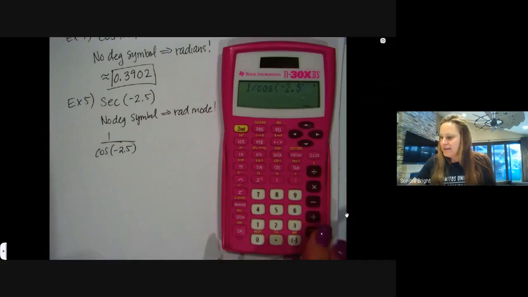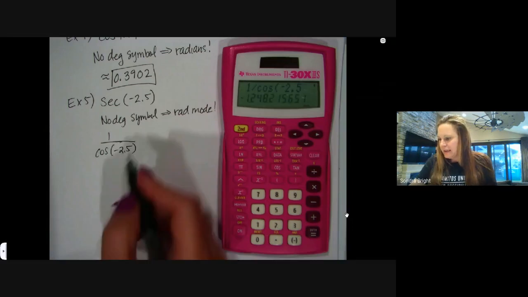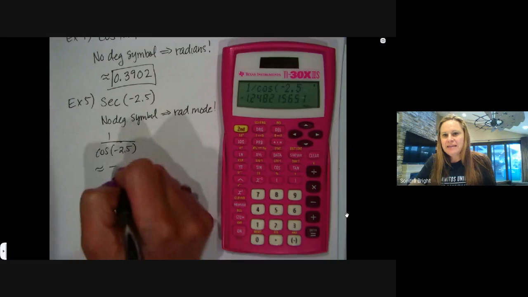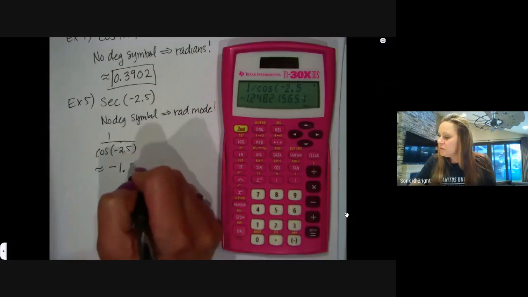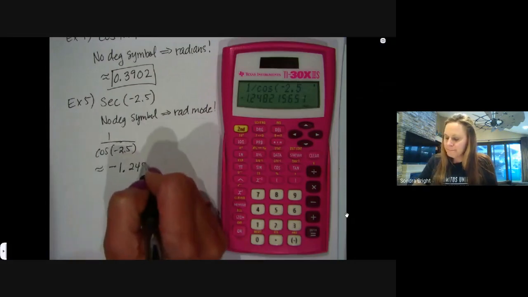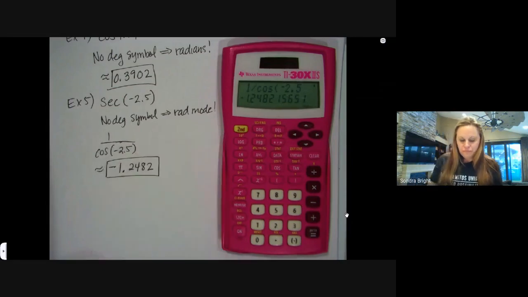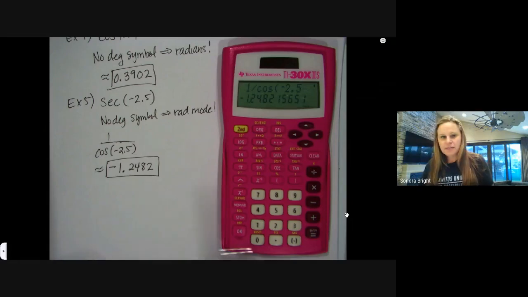So hit enter, and I get that this is negative 1.248, and then after the 2 is a 1, so I'll keep it a 2. So those are pretty straightforward. Hopefully you agree. I didn't do a cotangent one, but you would just use 1 divided by tangent. You'll see ones like that too.